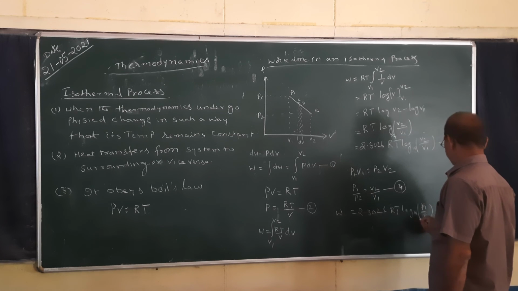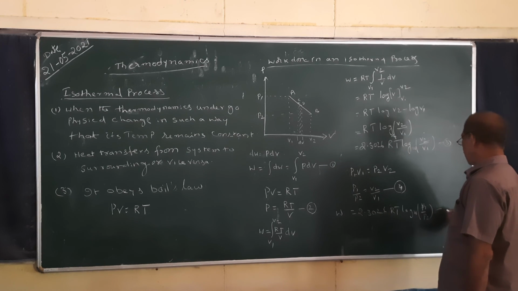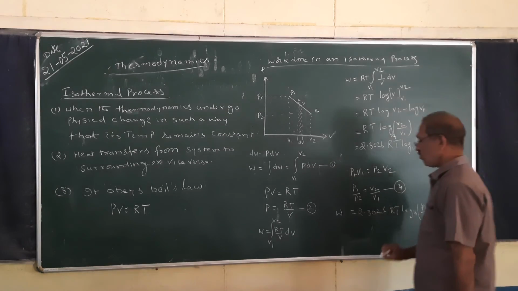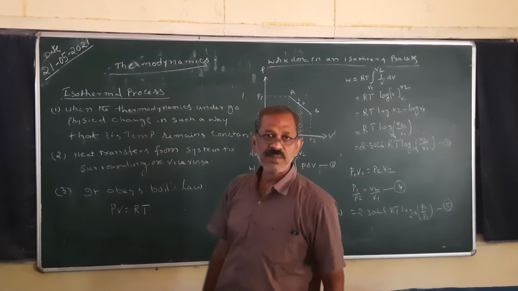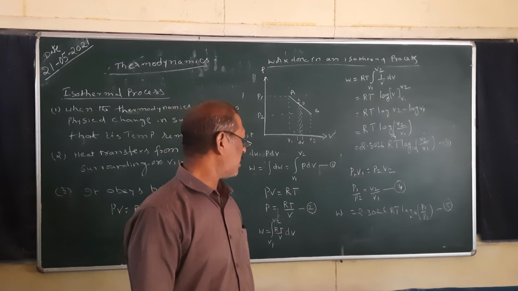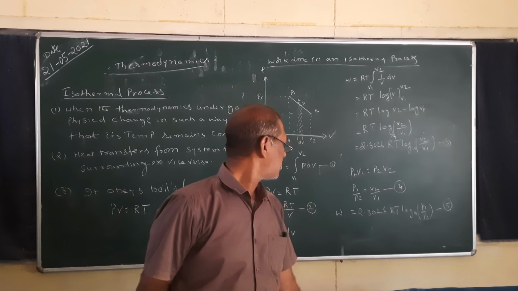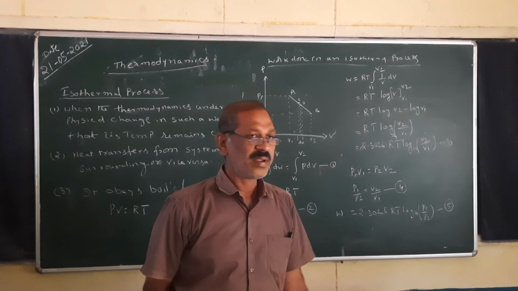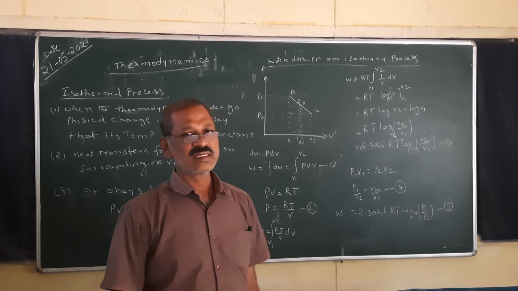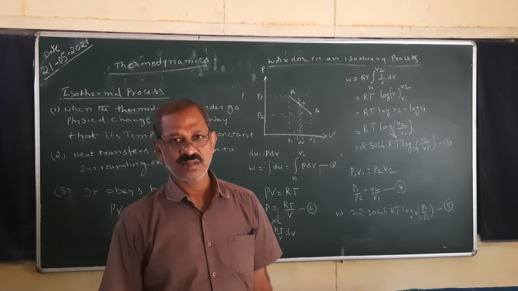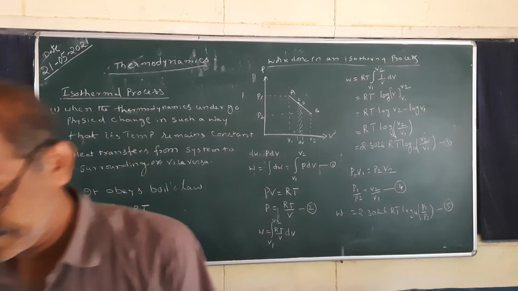So this is the final equation. The work done in an isothermal process, W is equal to 2.302 RT log10 P1 by P2. This is the work done in an isothermal process.